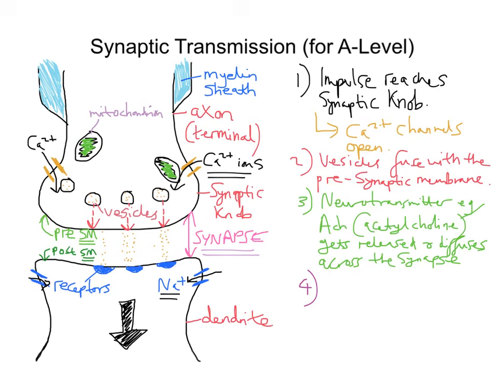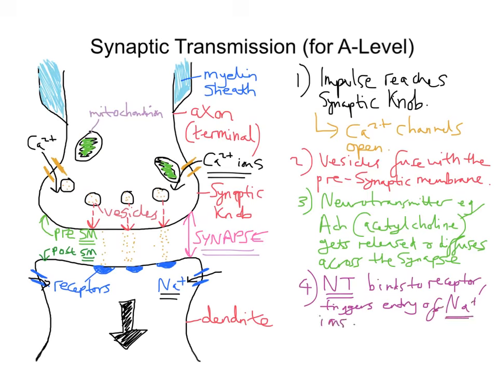So after it diffuses across the gap, if I just put NT for neurotransmitter there, it binds to the receptor, that triggers the entry of Na+, that's sodium ions, Na+ ions, and that essentially causes an action potential to be set up.